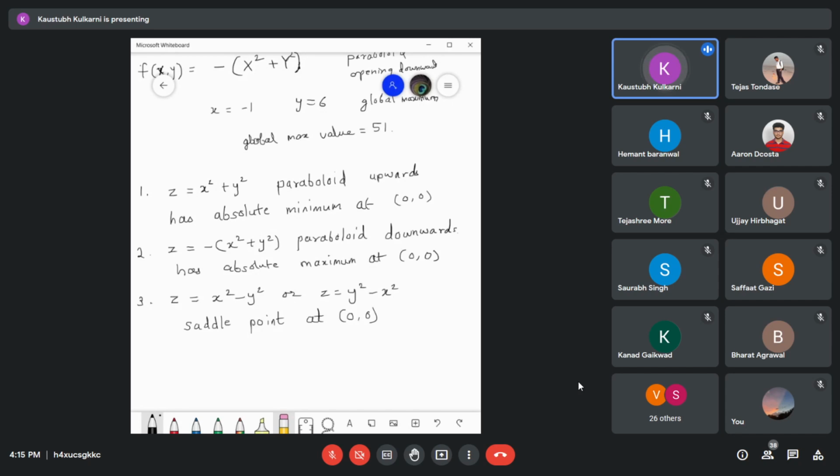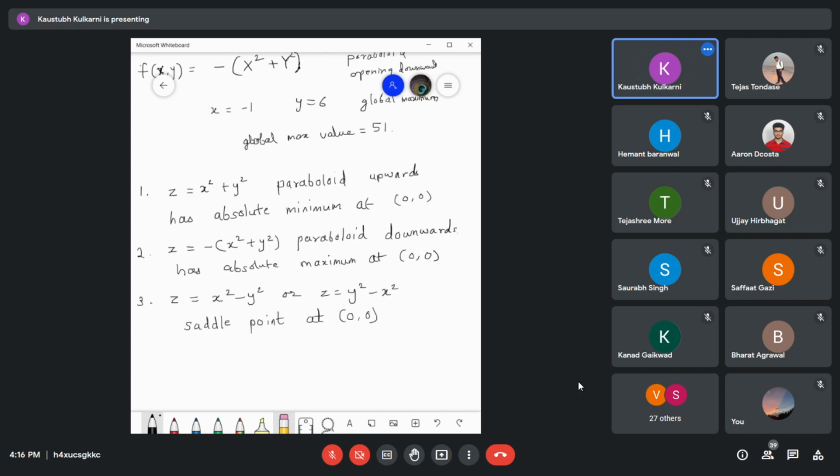We'll see an example of a saddle point after a while, but it is just like the inflection point in 3 dimensions; the earlier one was in 2 dimensions. So it's a saddle point, but it is neither an absolute maximum nor minimum. You cannot say that.